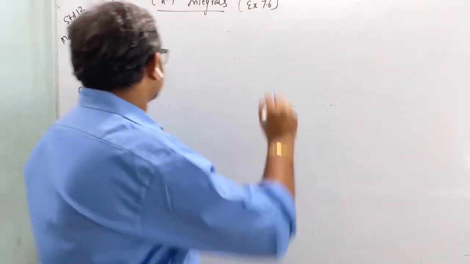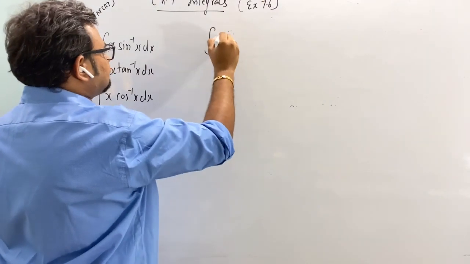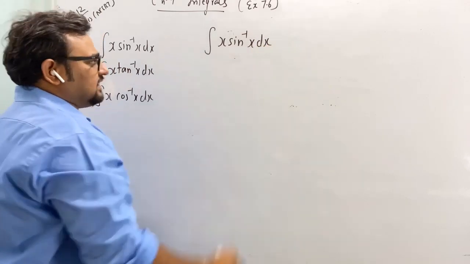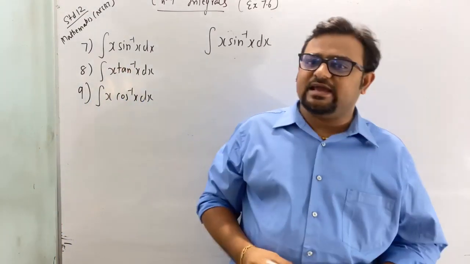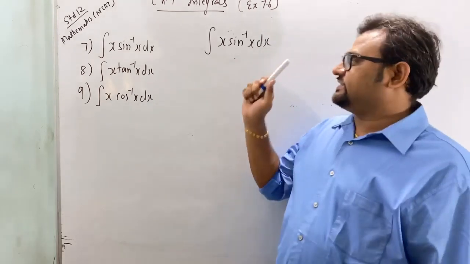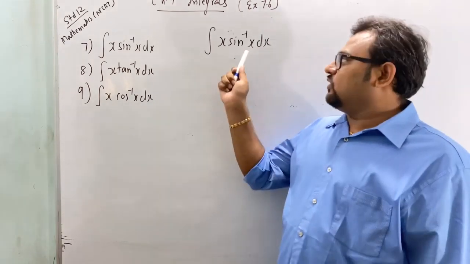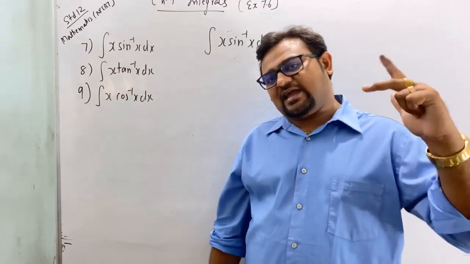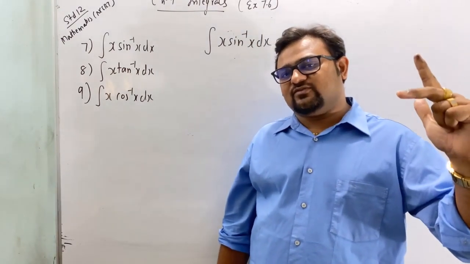Okay, now see, let's start with 7. x sine inverse x dx. Now there is one algebraic function and one inverse function. So in LIATE, the second priority is for inverse.